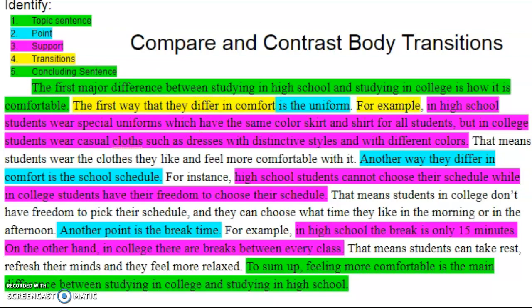Also "for example," and then "but" can also be used as a transition because we're looking at the difference between high school here and college here. Next, transitions can be used at the beginning of the point, before the example, in the example, after the example, before this point, and so on.